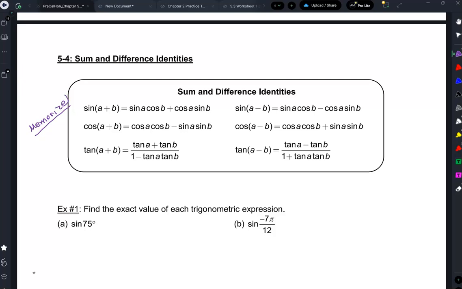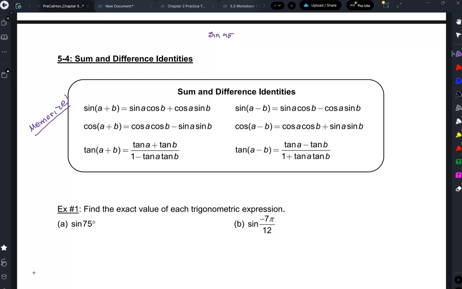This is for if you have sine of two different things, right? Not sine of 60, but if you have sine of, let's say, 45 plus 30, or cosine, or if you have a difference, let's say sine of 60 minus 45.